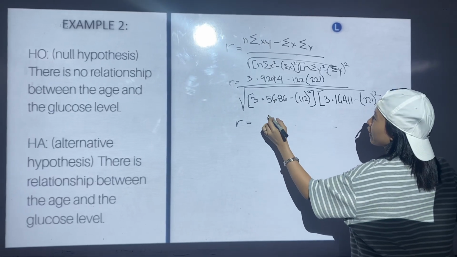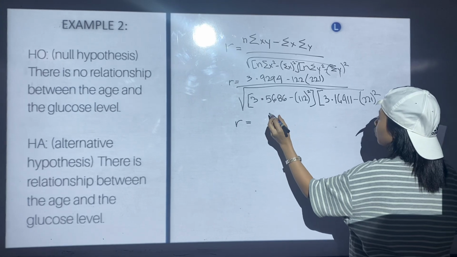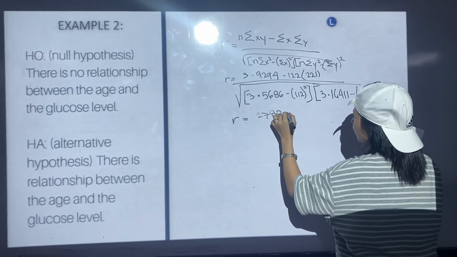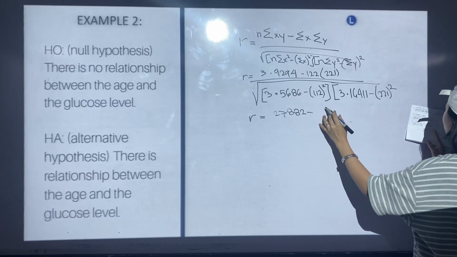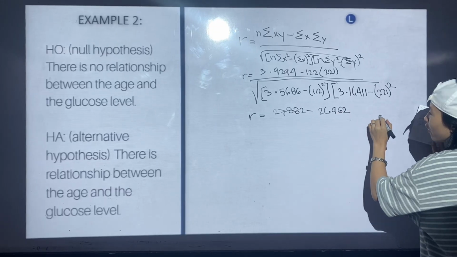Then multiply the 3 and 9294, that is 27882, minus, then multiply the 122 and 221, that is 26962.